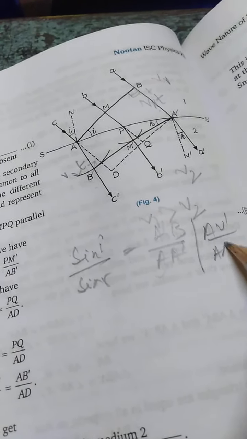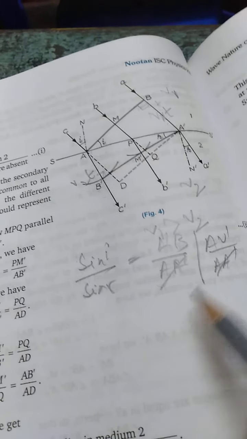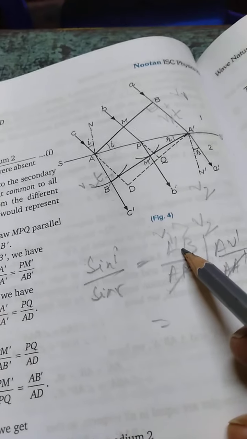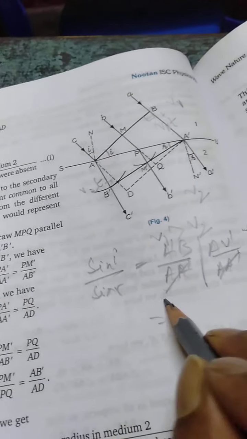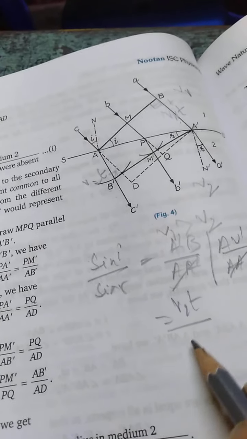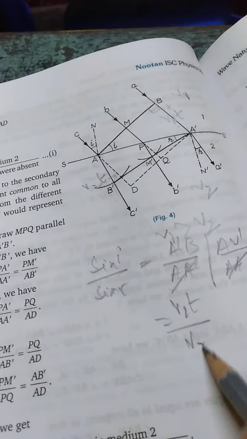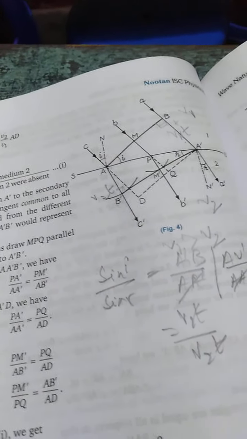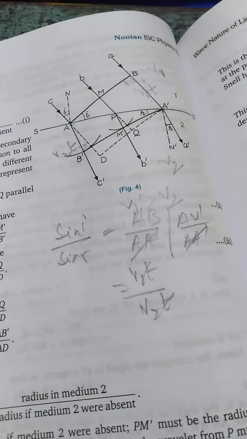Now AA dash and AA dash cancel. So what are we getting? A dash B and AB dash. A dash B was V1t, and AB dash is V2t. If t is cancelled, what we get is sin I by sin R equals V1 by V2.